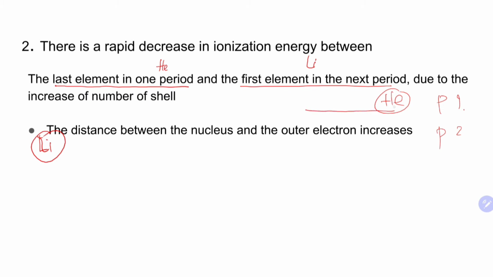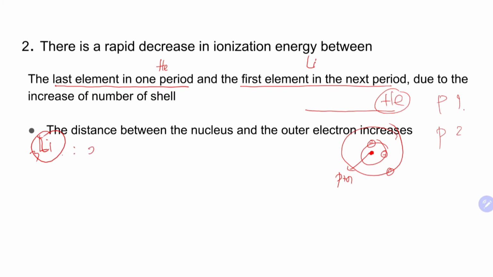The distance for helium, only 1 shell. So the distance from the nucleus, as the core of the atom, where you have protons and neutrons, and electrons here in the shell. For helium, there are 2 electrons in the first shell. For lithium in period 2, there are 2 shells. Here, the second shell has 1 electron because lithium is number 3.